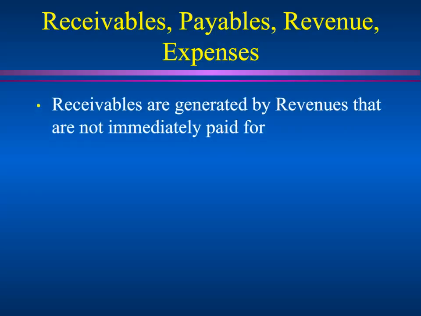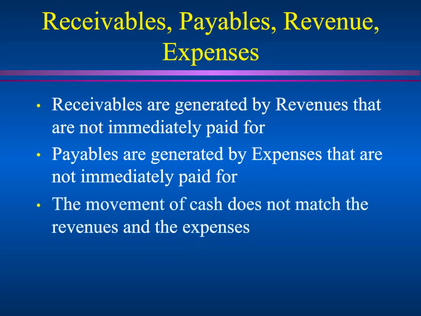And a bit of a definitions reminder: receivables are generated by revenues that aren't paid for right away. So somebody leaves the store with your goods, either they're shoplifting or they're a receivable. That's the sort of thing we have to worry about. Payables are generated by expenses that we don't immediately pay for.